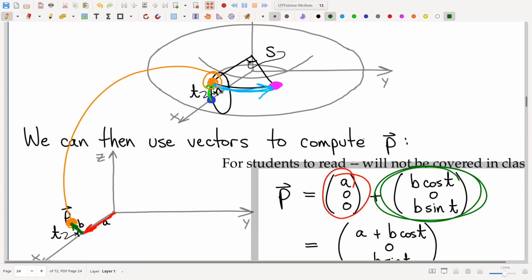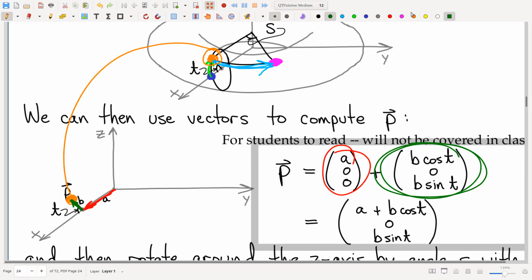You've got to be good at trig, and then you also have to understand the geometry of this vector and what this angle t does, and how t makes that green vector move, and you think through the geometry and the trig. But there is that green vector, and so adding them up gives us p. That orange vector up there.